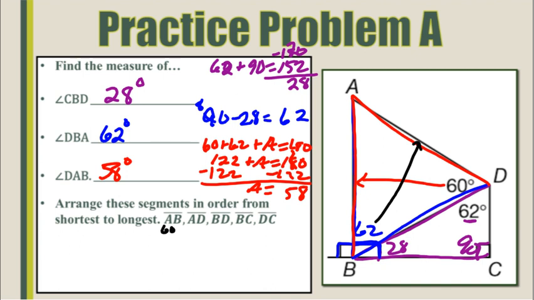AD would be 62. BD is angle A. This is 58. BC, 62. And DC here, 28.